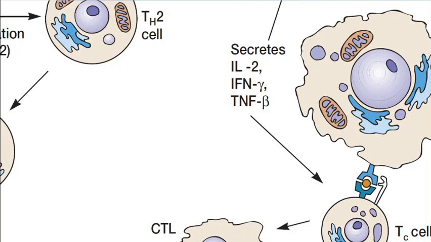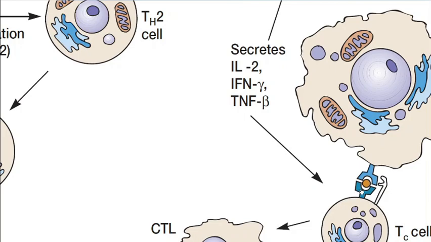The first signal is that the TC cell detects these antigens: the T cell receptor, which is present on the surface of the cytotoxic T cell, connects to the MHC class 1 receptor containing the antigen. So the first activation is the connection between MHC class 1 and the T cell receptor.